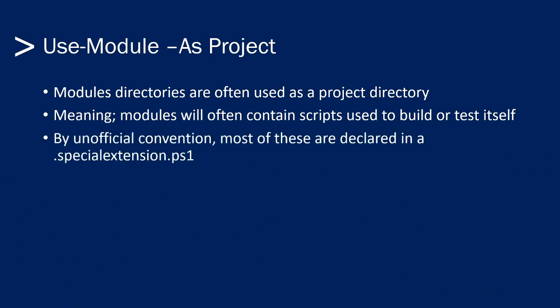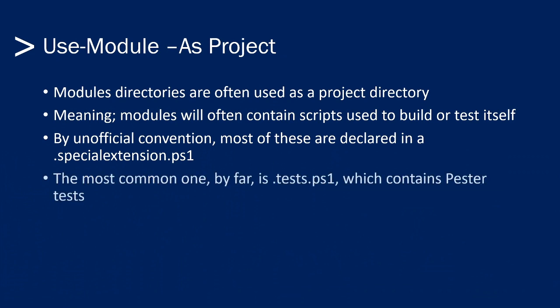Now, by unofficial convention, most of these files that you find are declared with a special extension, .ps1. We're going to cover a couple of them, but the most common one that you probably already know about is Pester, which is test.ps1.